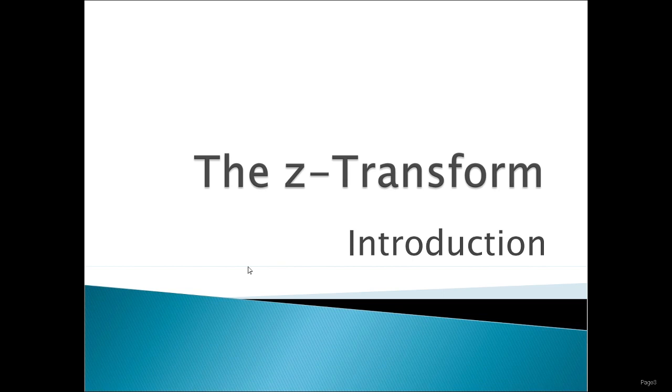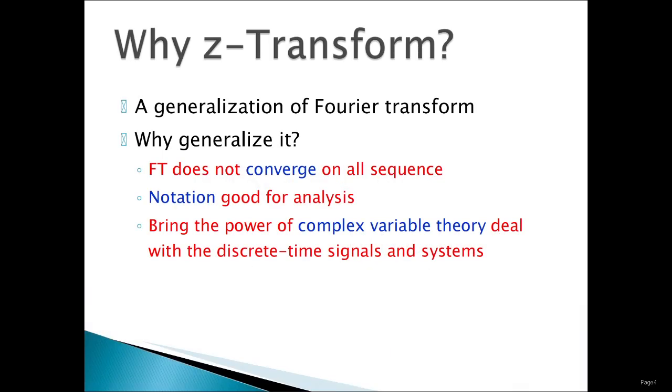Then I am going to explain the introduction of the Z transform. Why Z transform? It is a generalization of the Fourier transform, because the Fourier transform can be applied for continuous time signals, whereas the Z transform can be applied for discrete time signals.